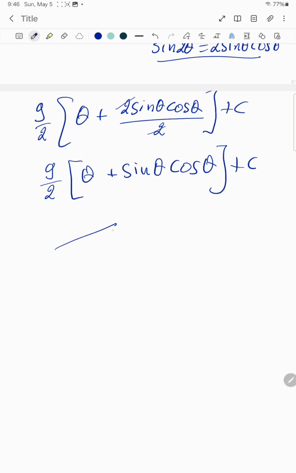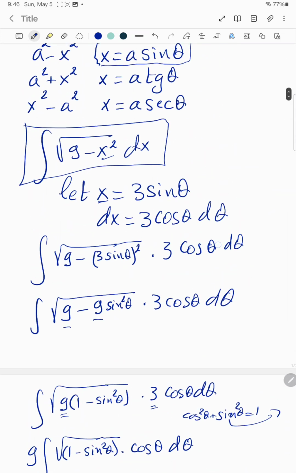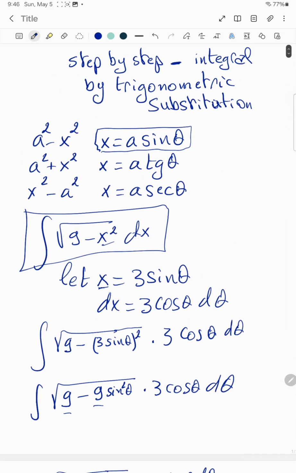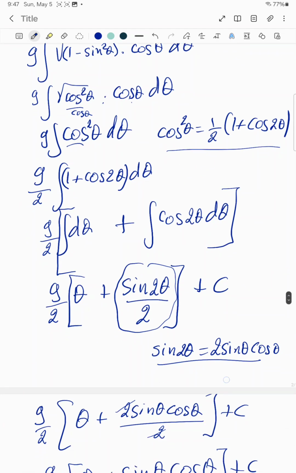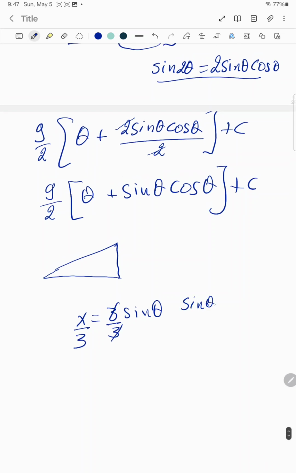So here I will draw my triangle, because at the beginning I took x equal 3 sine theta. If I divide both sides by 3, sine theta equals x over 3.